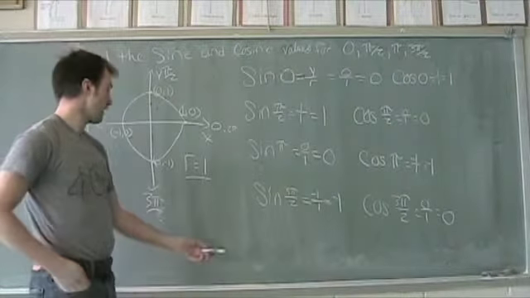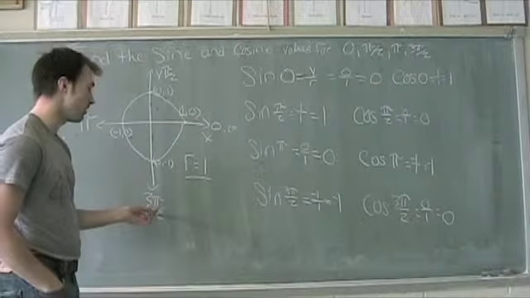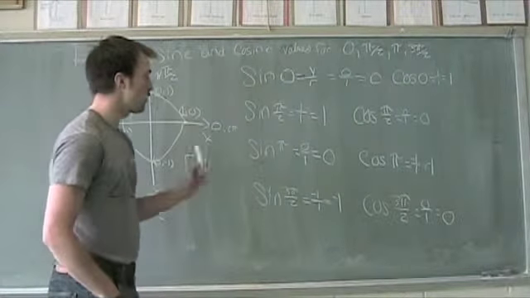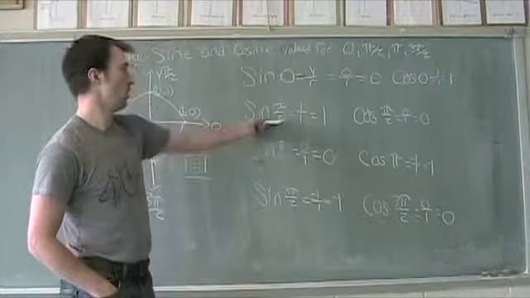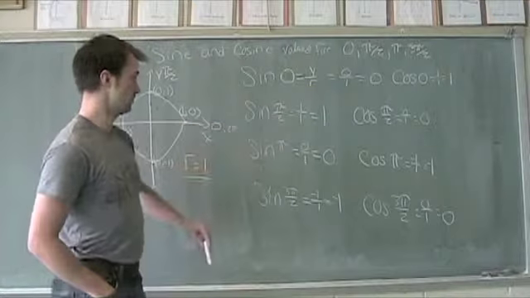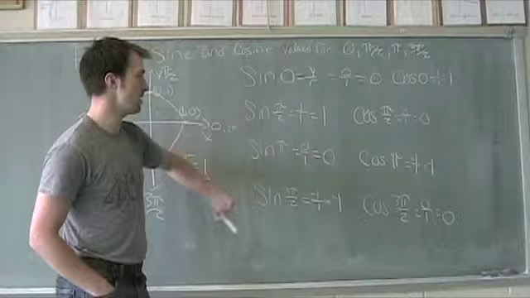So, looking at it, whenever you have a sine value of negative 1, you have to be at 3 pi over 2. Whenever you have a cosine value of 0, you're either at 3 pi over 2 or pi over 2. Whenever the sine value is 0, you're either at 0 or pi.